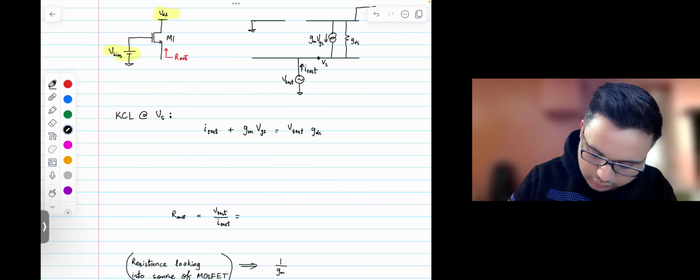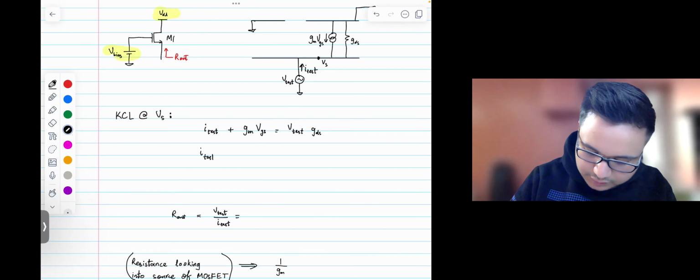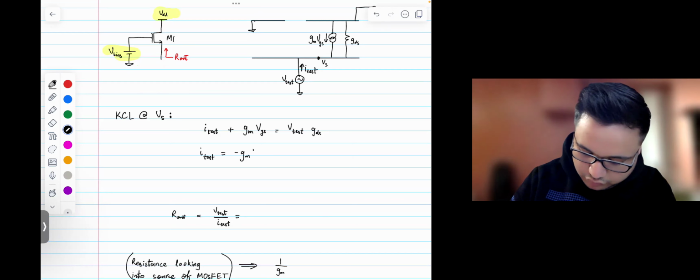So then we can rewrite this equation saying Itest equals minus gm vgs plus Vtest gds.